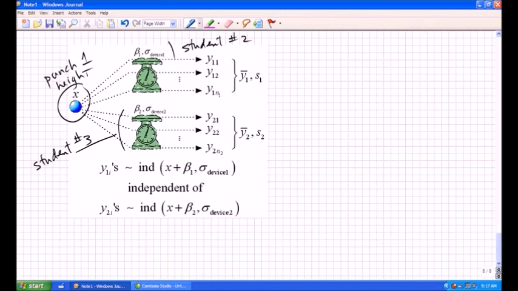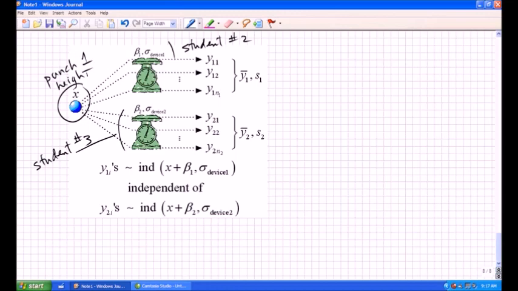Again, device meaning combination of person, equipment, and protocol. And what I want to do is compare student 2 to student 3.